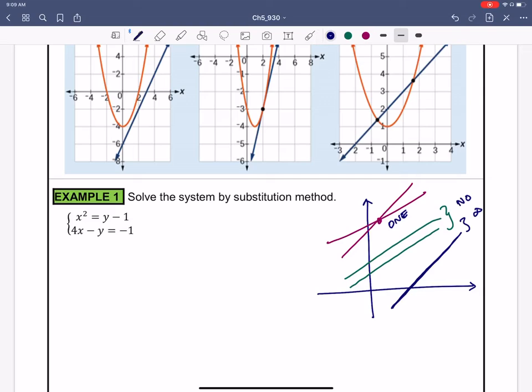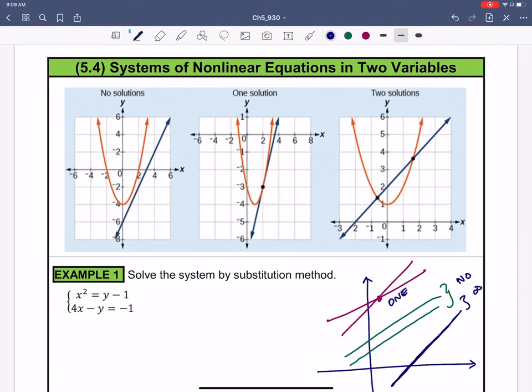Now, how do you work with nonlinear equations? Geometrically, you may have a parabola, represented by an equation like this, and then a line. So we have one linear equation and one nonlinear equation.